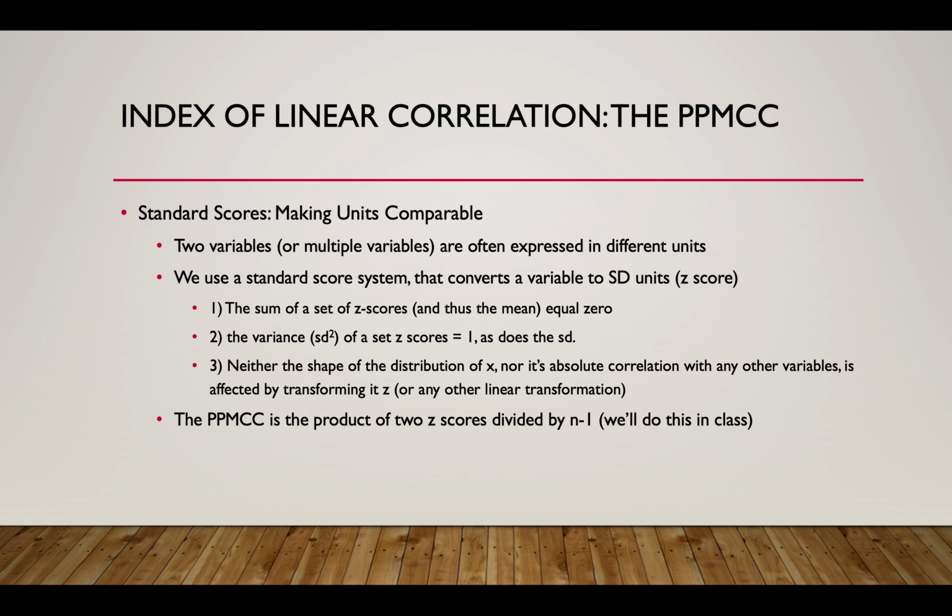Recall that a product is the multiplication of two variables. So in the Pearson product moment correlation, what we are doing is essentially looking at the relationship between two standardized scores.